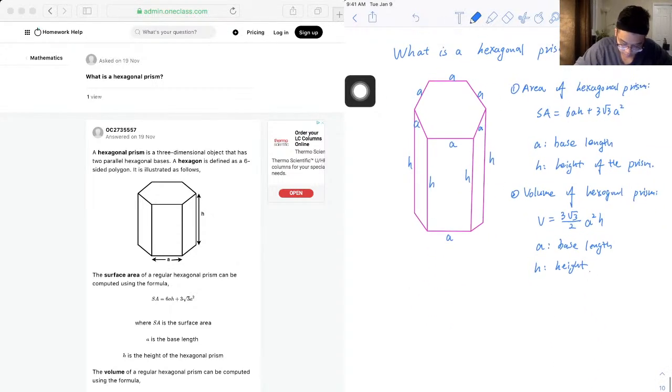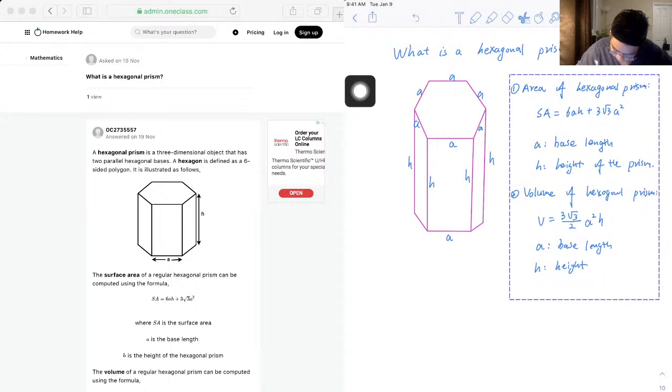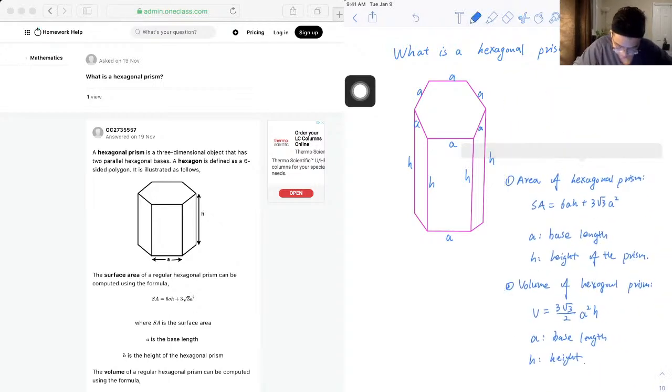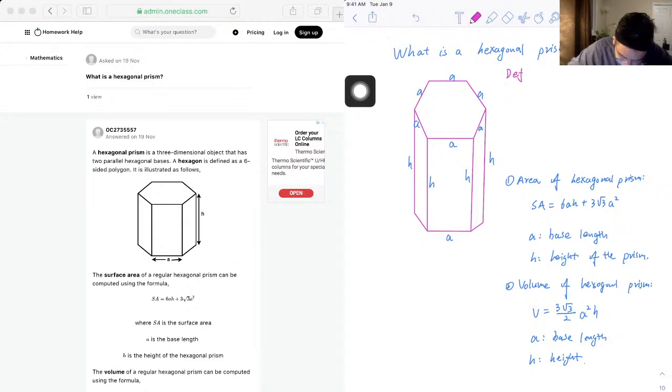Oh, and let's just write the definition for hexagonal prism. So, definition.